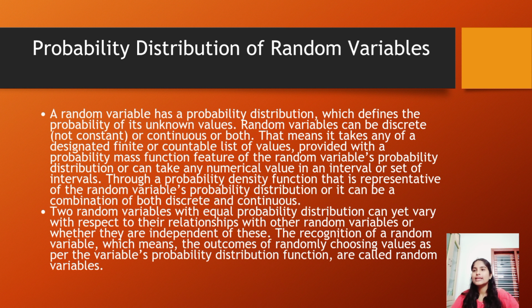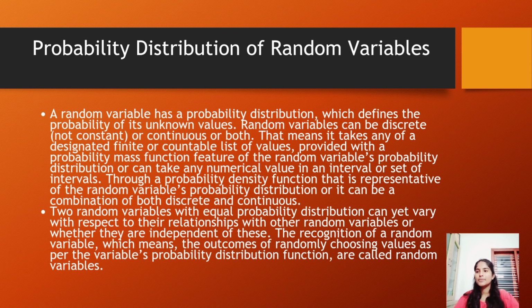That means it takes any of an infinite or countable list of values, provided with a probability mass function characteristic of the random variable's probability distribution, or can take any numerical value in an interval or set of intervals, through a probability density function that is representative of the random variable's probability distribution, or it can be a combination of both discrete and continuous.